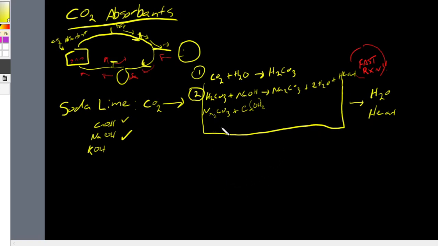So our sodium carbonate is going to interact with our calcium hydroxide, and that is going to form sodium hydroxide. So we have our sodium hydroxide back to use in our fast reaction in order to get rid of the CO2. And then there's also going to be calcium carbonate that is going to be formed, or reformed at least. And that is reaction number 3.